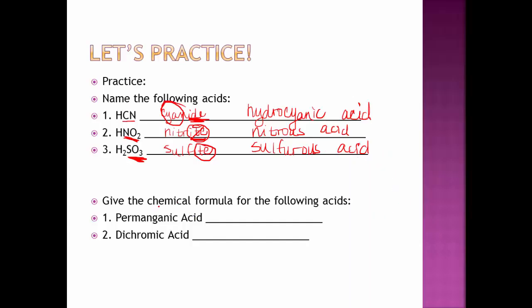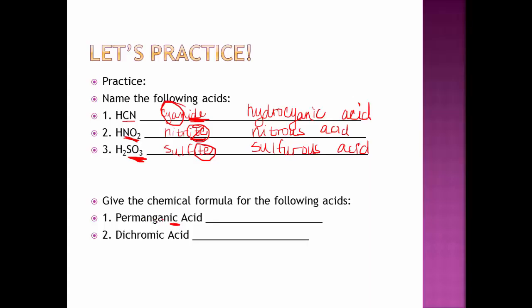All right, for the next examples, we're going to go the other way. So we have the name, and we want to write the formula. So we go the opposite way in our sentences. This time we have the ending, and we need to think, what ion did that come from? So permanganic acid, ic acid, think about what sentence that came from. I ate it, and it made me sick.